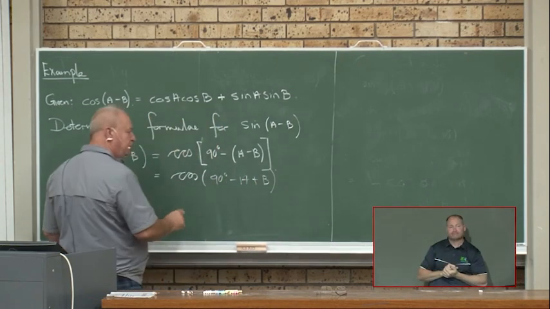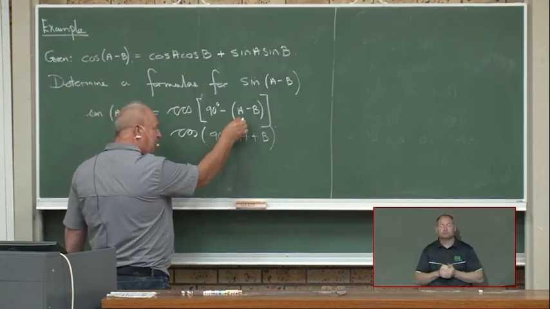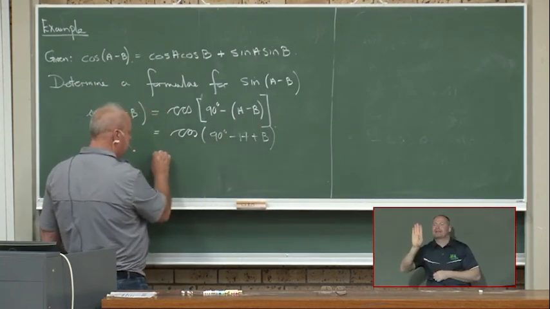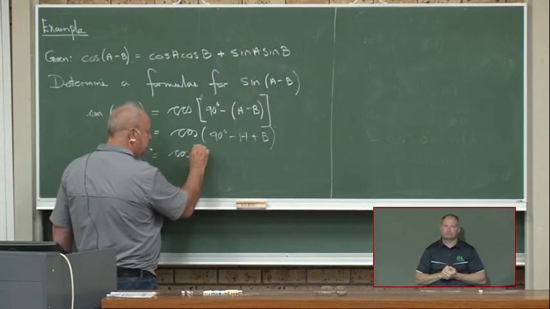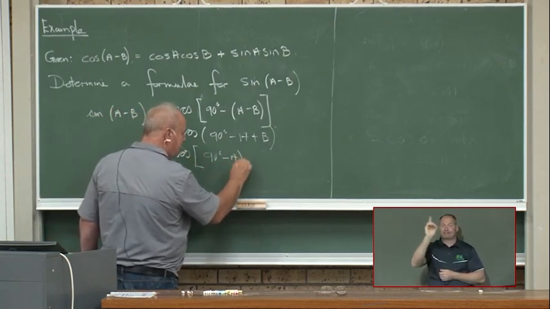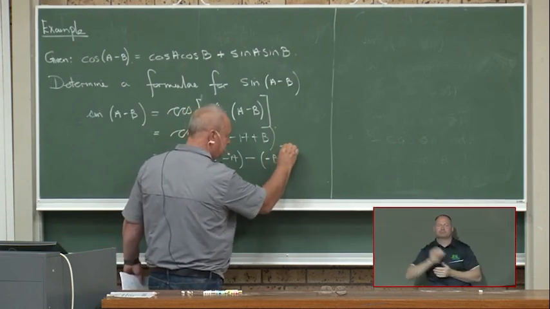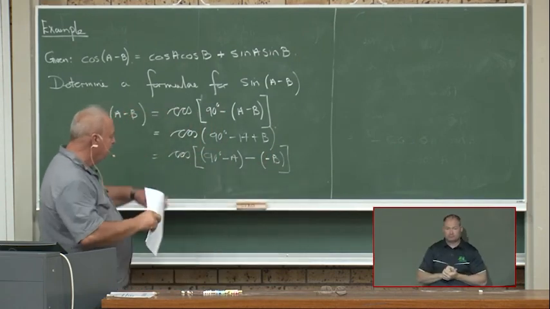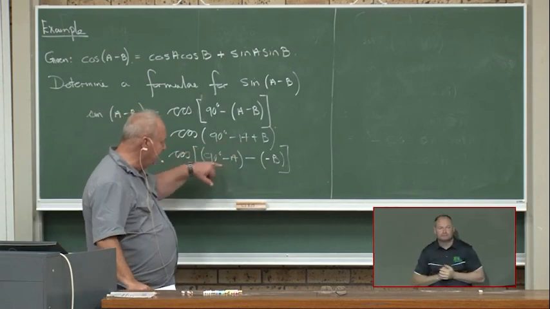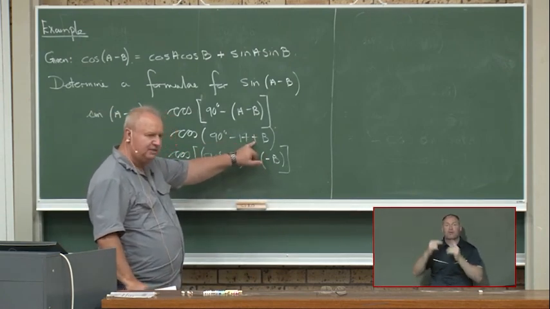Now people, for it to be an angle minus an angle, A must be in the first angle and B must be in the second angle. So it is equal to the cos of 90 degrees minus A minus negative B. Take note. People, this here, 90 degrees minus A is there, and negative times a negative is plus.